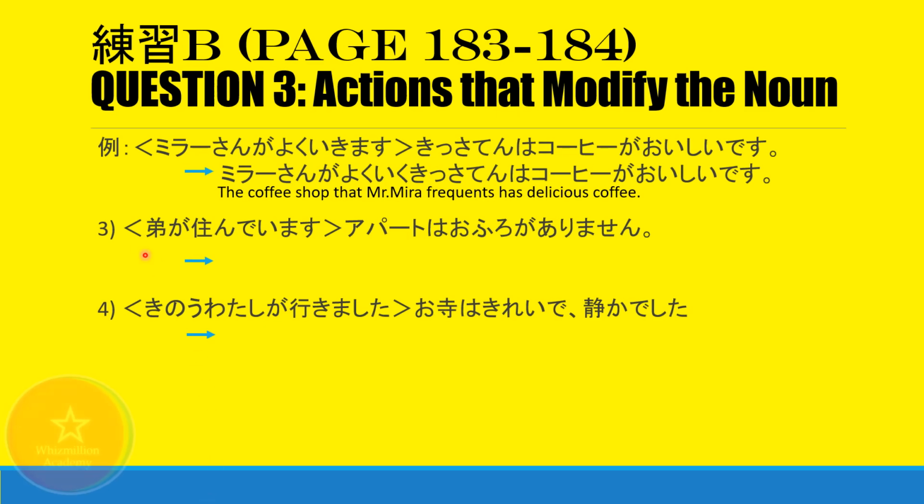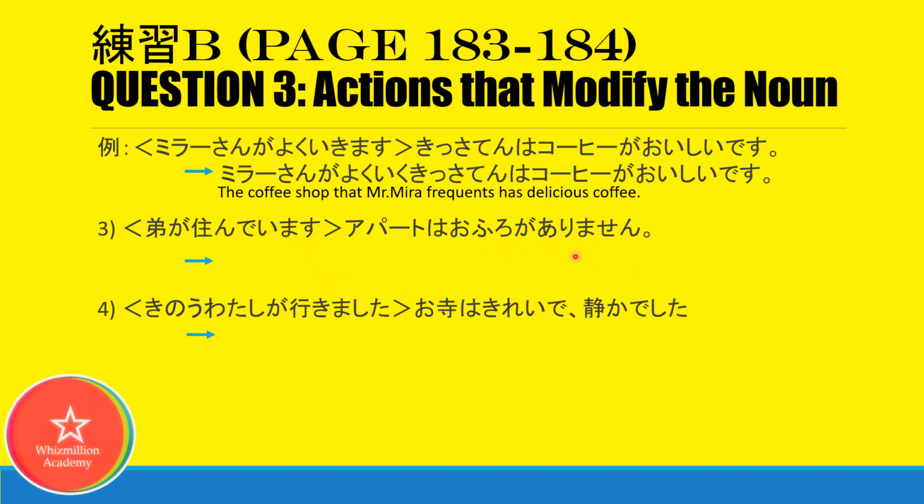Question number 3. 弟が住んでいます。My brother lives. アパートはお風呂がありません。This apartment has no bathtub. Once again, the noun that we are trying to modify here is apato. From the second sentence, we know that this apartment has no bathtub.